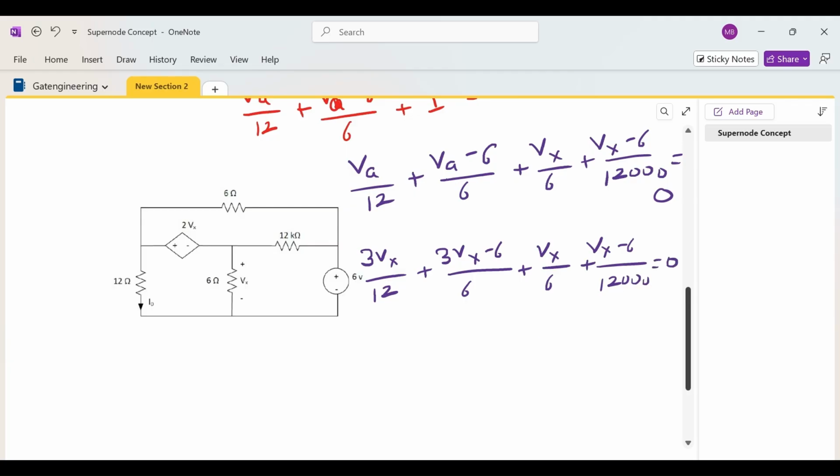It is very straightforward: we have a single equation with a single variable. By solving this equation, we get the value of Vx, which is 1.09 volt.